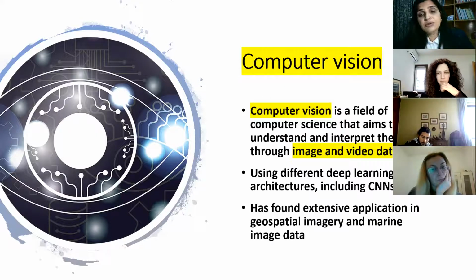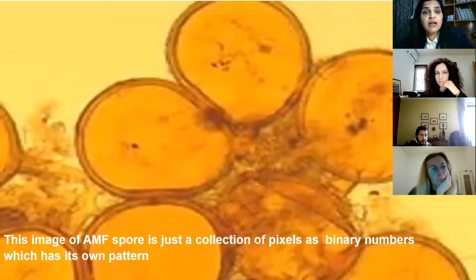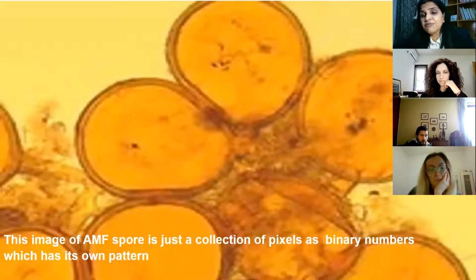And as I told you already, it has found extensive applications in geospatial imagery and marine image data. That's a small picture which I took of our spores, arbuscular mycorrhizal spores. I'm showing you this picture just to show that all the data coming from images to the computer is just a collection of pixels as binary numbers, and these pixels have a pattern.